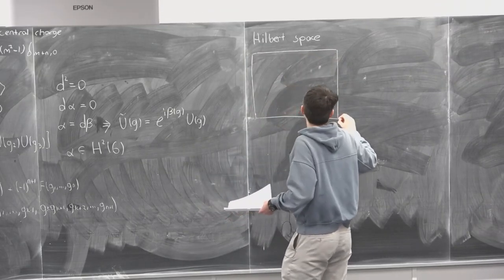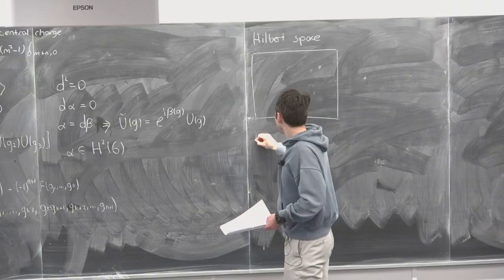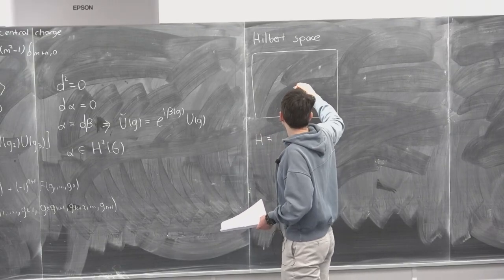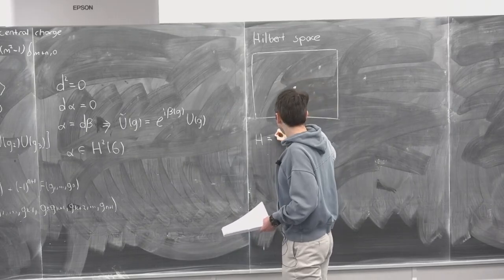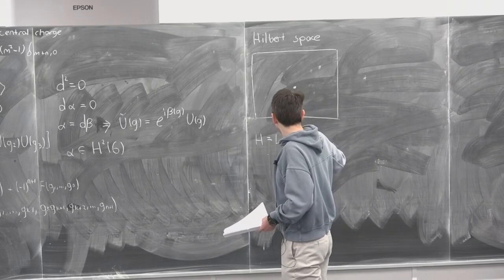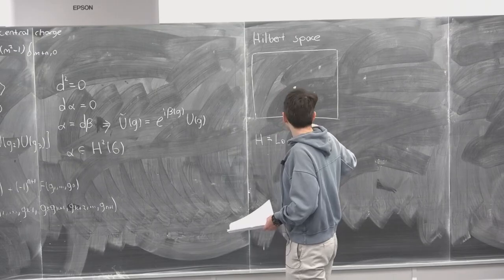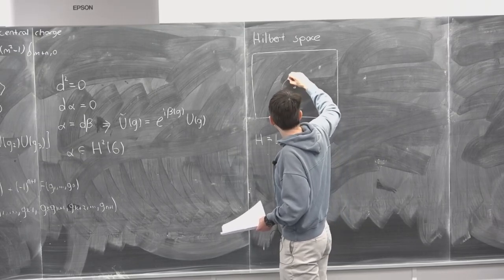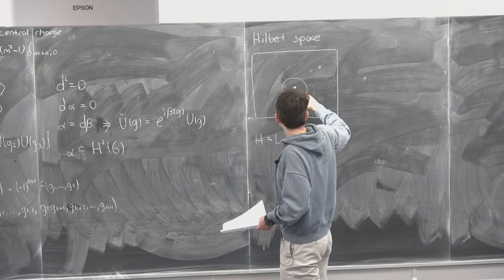Well, it's based on letting your Hamiltonian be the generator of translations in the radial direction, so scale transformations. And that means states are going to live at some fixed radius.